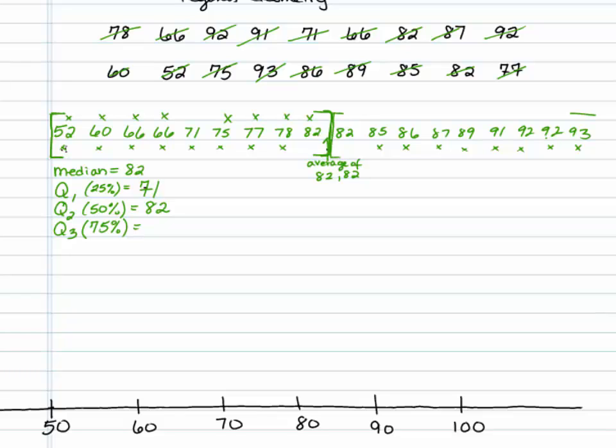So I'm going to be thinking of the upper 50%, and in the middle would give me the 75% mark. Basically like the percentile of it. So 89. A lot of times they want you to put the interquartile range.